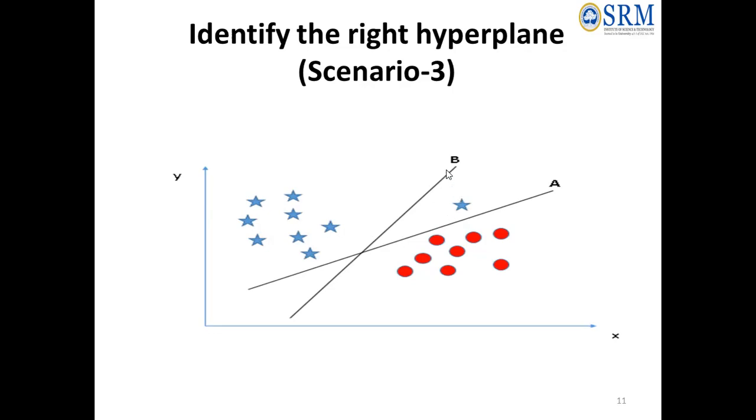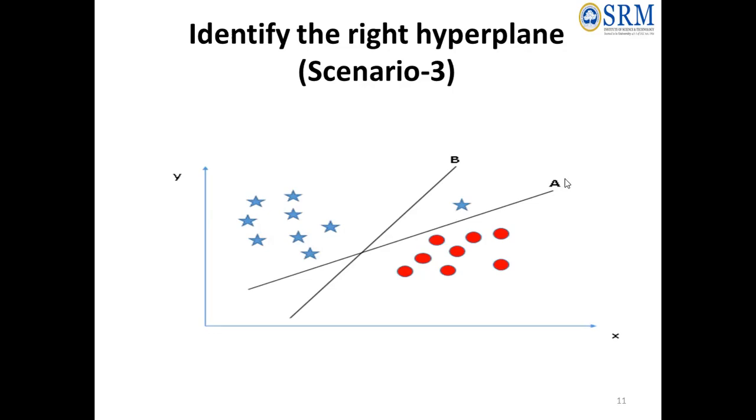So B cannot be considered correct. A separates all the blue color stars as class 1 and the rest as class 2. It divides them separately, so it can be considered the correct solution. Therefore, the right hyperplane is A.